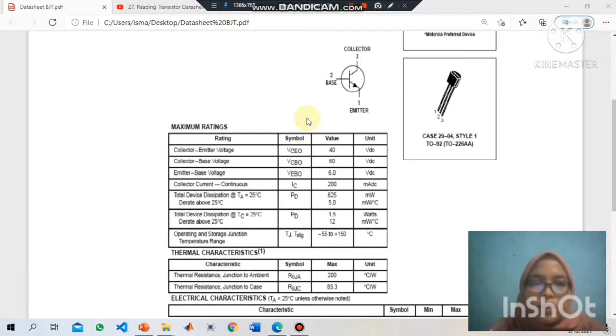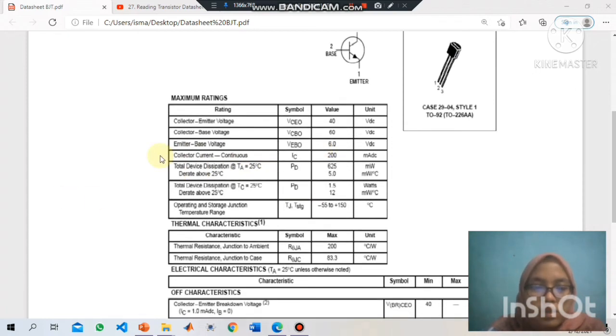For the collector base voltage, VCBO, the maximum rating that this transistor can stand is 60 volt. The third one is the emitter base voltage. The symbol is VEBO. The maximum rating is 6.0 volt.